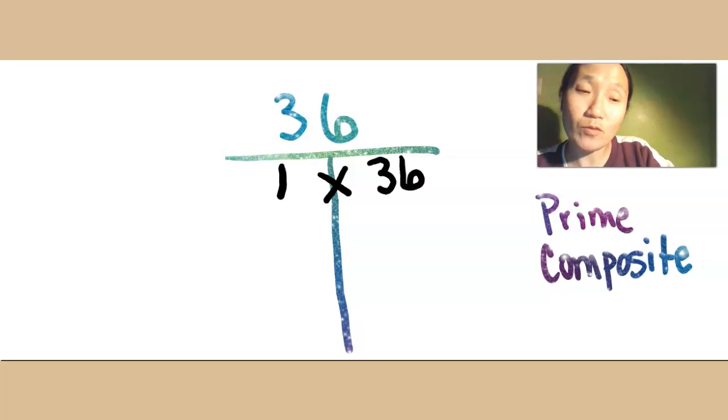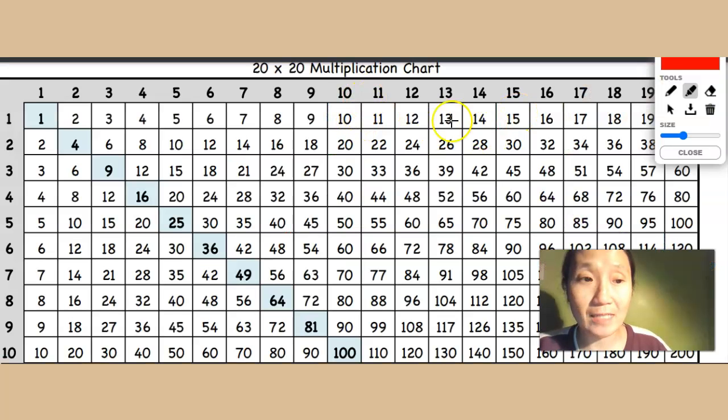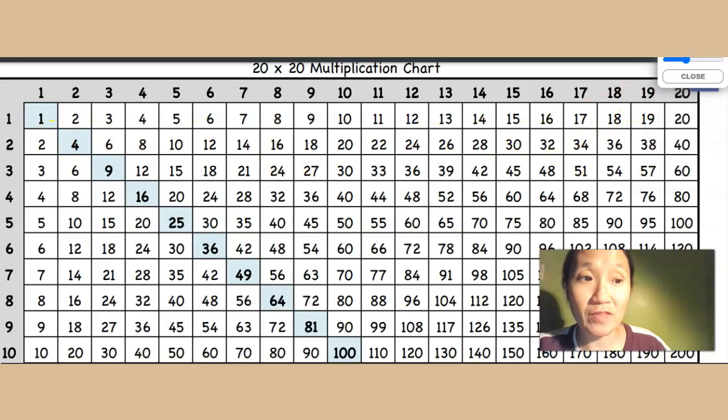Okay, so then we have to decide, is 2 going to be a factor pair? Is 2 one of the factors to equal 36? So if I wrote here 2, let's take a look and see. So we're going to go to our multiplication chart and take a look. So hold on. So we have our handy dandy multiplication chart, and you will notice here that it has several things on it. So we're looking for 2.